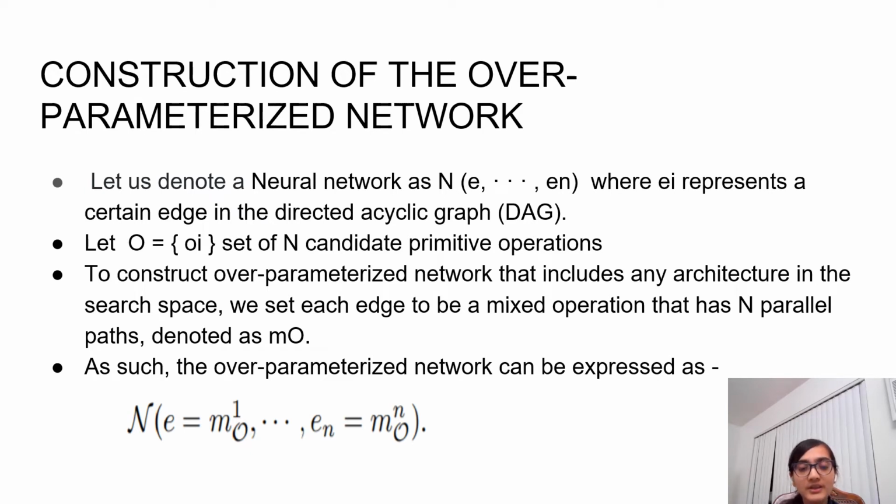So the overparameterized network is expressed as N consisting of edges as MO of 1 to MO of n, where MO of 1 is the mixed primitive operation for a particular candidate 1 up to candidates n. So in a layer there are going to be 1 to n candidates, and so the operations are going to be n operations.